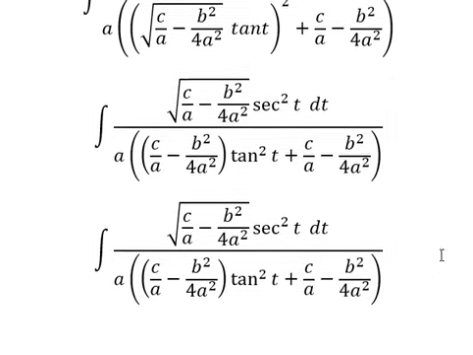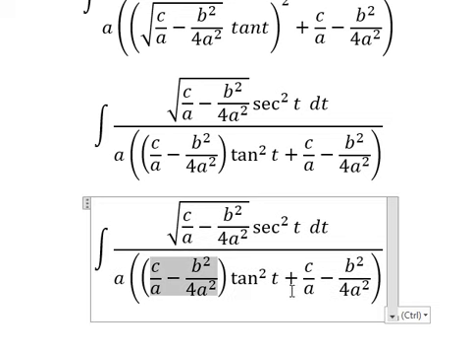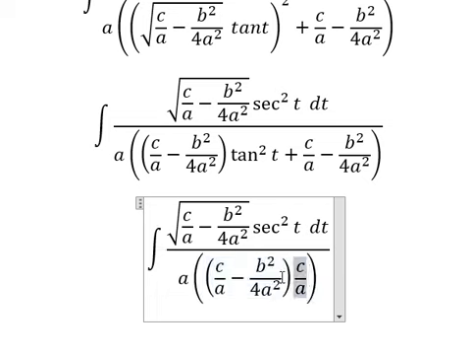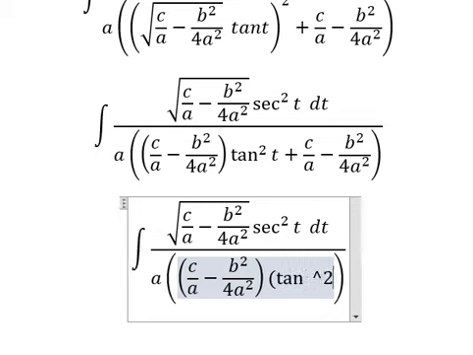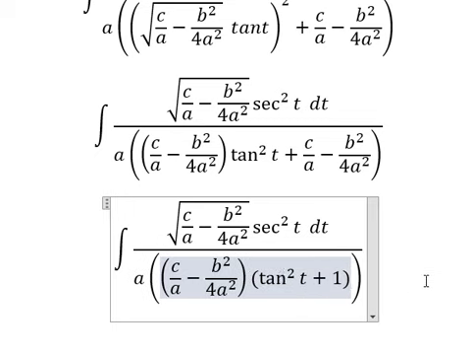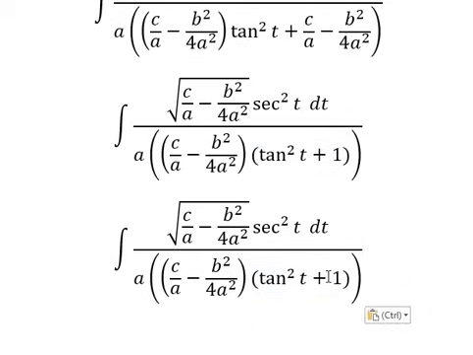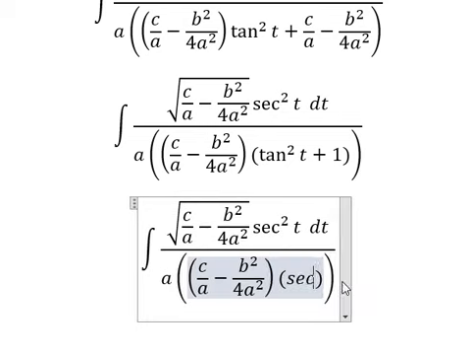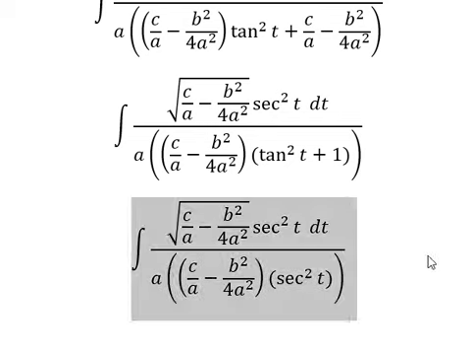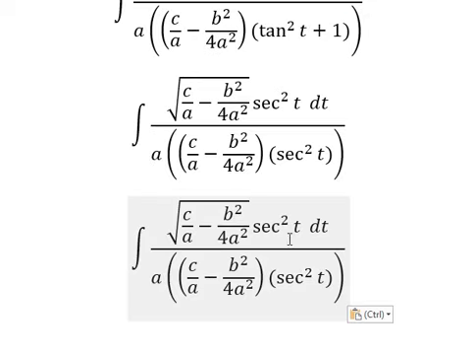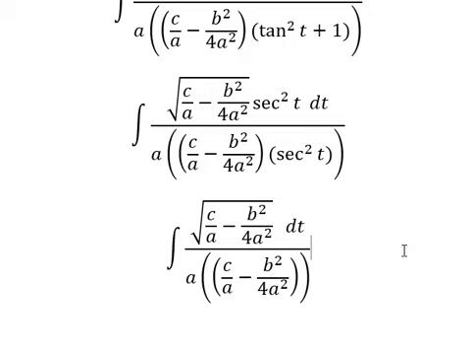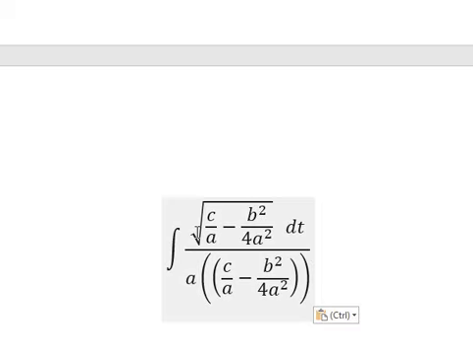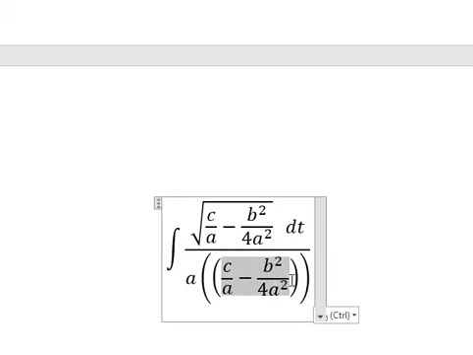Now we can do factorization of this one and this one. This one is secant of t squared. And now we need to simplify it. So we need to simplify this one and this one.